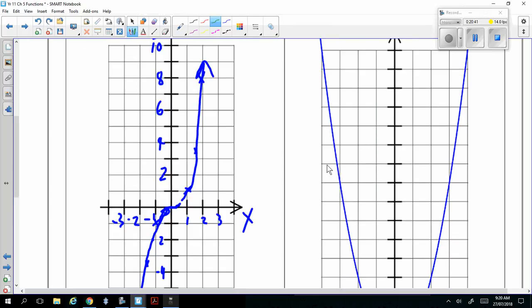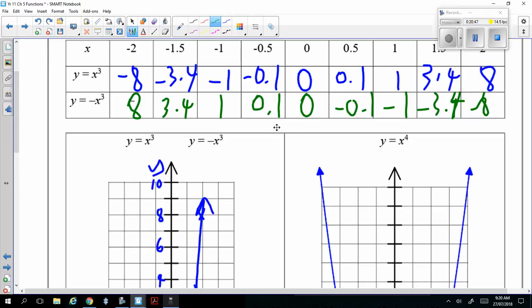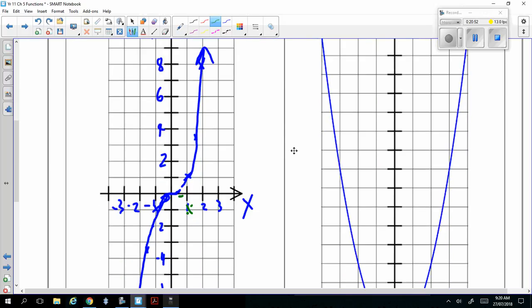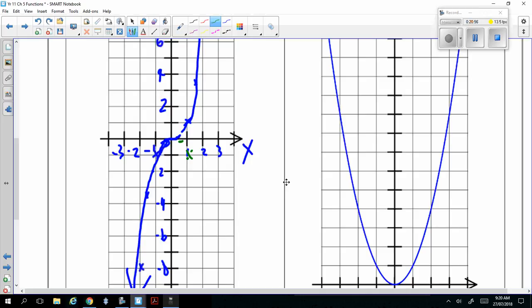No, you can do it on a calculator. Have a try. No, I don't want you to copy. I want you to actually do it and know how to do it. That's right. Good. If you're not even willing to put it on a calculator, I don't know what you want to do.